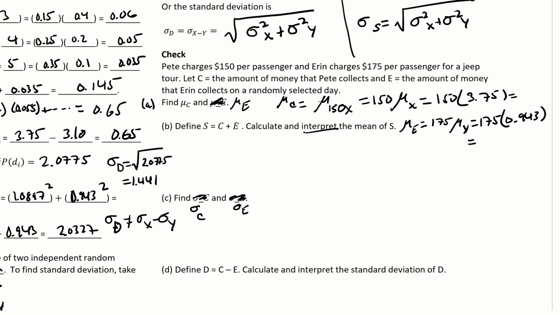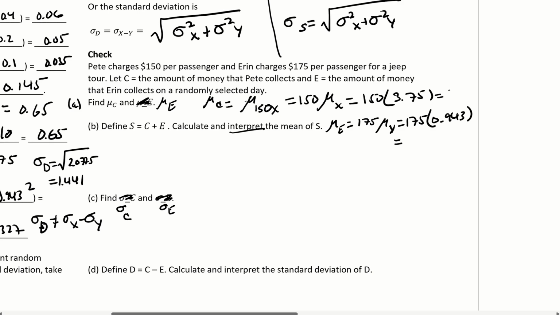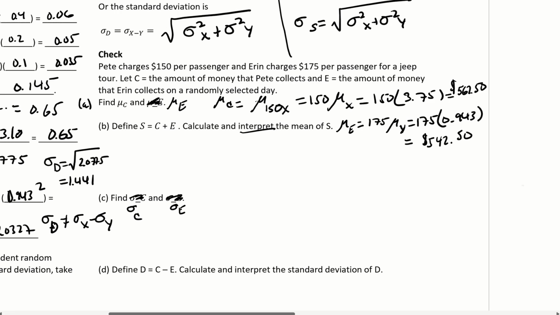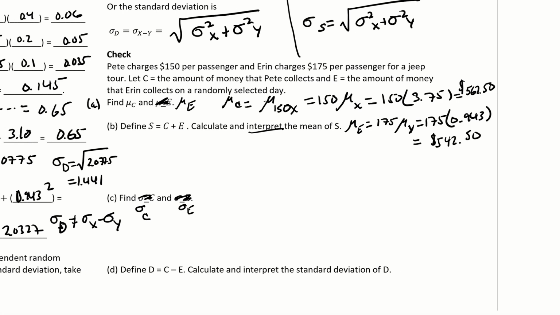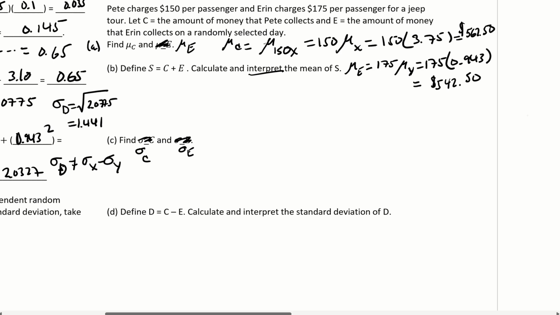We get 562.50, and then Aaron is 542.50. So that's part A.